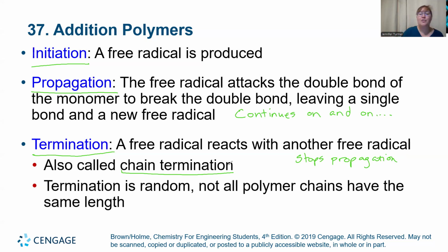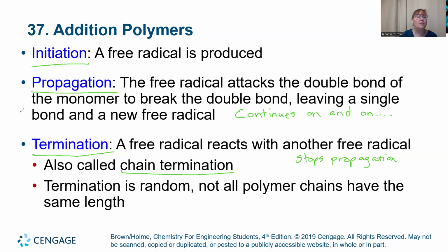Termination is random. So what happens in this case is that not all polymer chains have the same length. Basically, it happens whenever the free radical and another free radical come into contact. So if it happens early on, then you have a shorter chain. And if it happens after time has passed, then you have a longer chain. And so one of the things that you need to do in industry or in polymer work is have a way of separating out your long chains and your short chains.